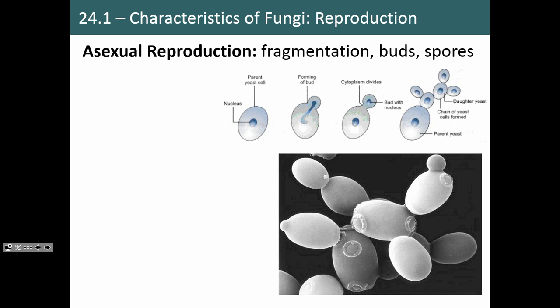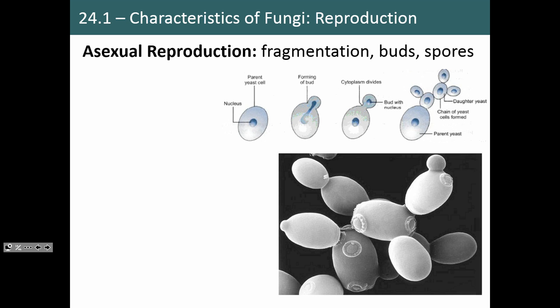Okay. So let's look a little bit, very superficially, at the freaky reproductive life of fungus, because they have some pretty fascinating reproduction. So by and large, most fungi are going to reproduce asexually.